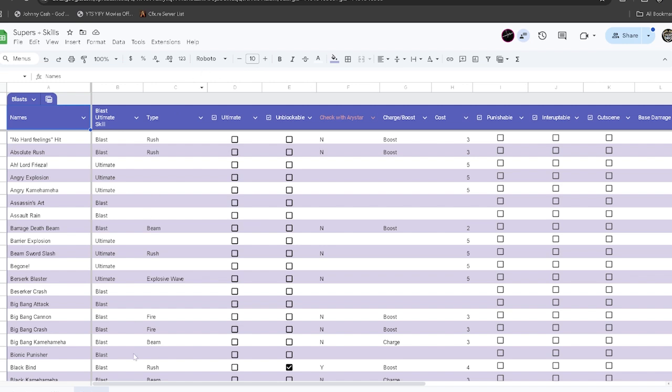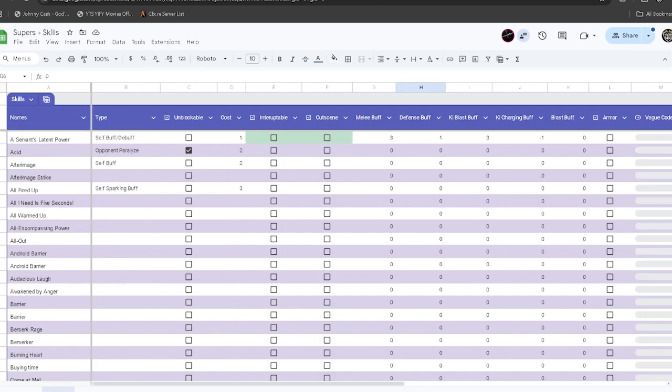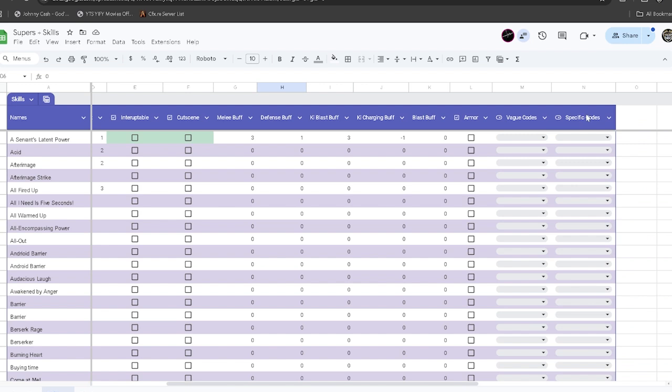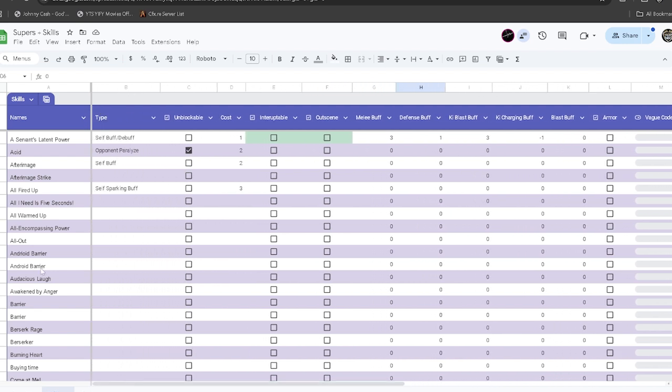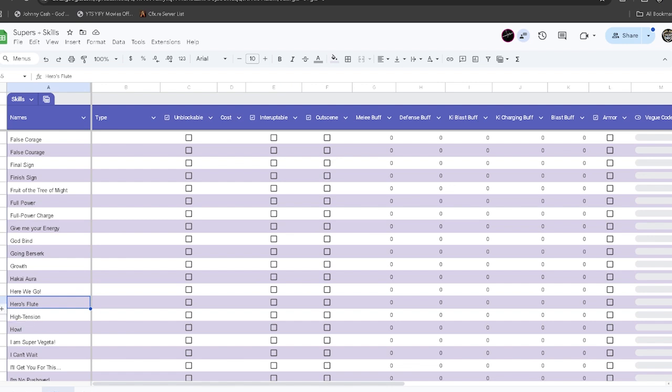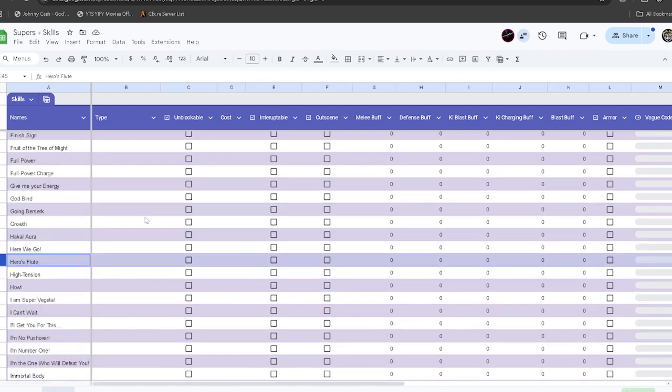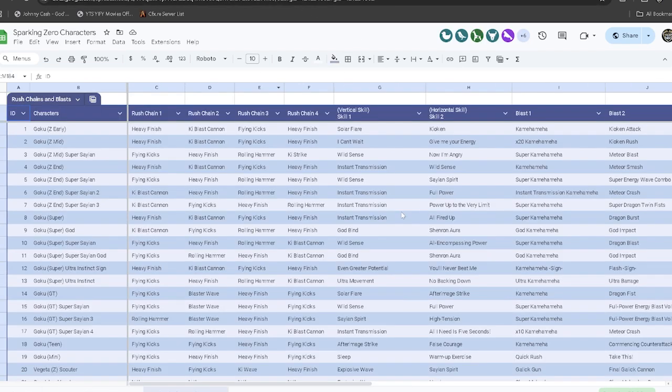And then where this is going to get really interesting is these vague codes and specific codes. For example, like Hero's Flute, right? Like right here, if we go down to H's, Hero's Flute, this is explosive wave, but it doesn't have the name explosive wave. So if you go back to this document and you typed in Control F, and then you hit explosive wave, it's not going to show up as Hero's Flute.